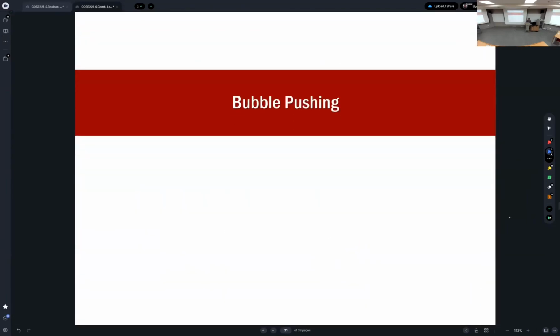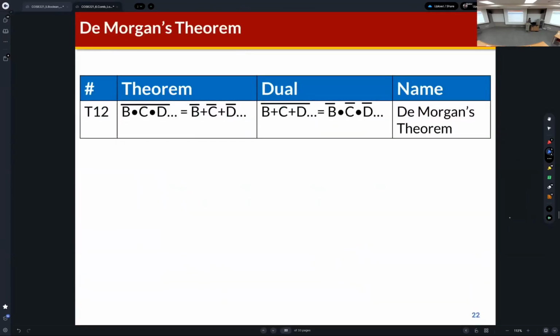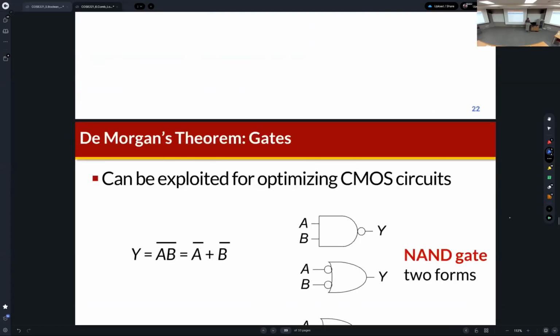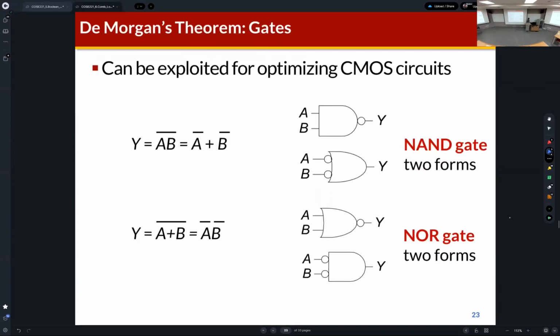Okay, so let's review the bubble pushing. Actually, we already learned the De Morgan theorem, and how to push bubbles by applying it. So this is the De Morgan theorem, right? By applying it, we can keep the bubble at the output of the AND gate, and this can be changed into bubbles on the inputs of the OR gate.